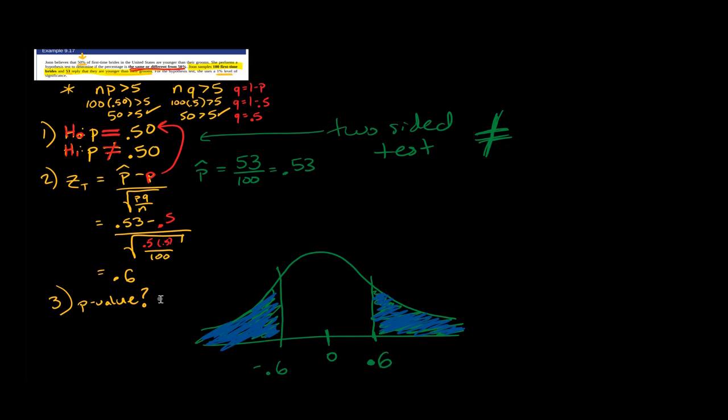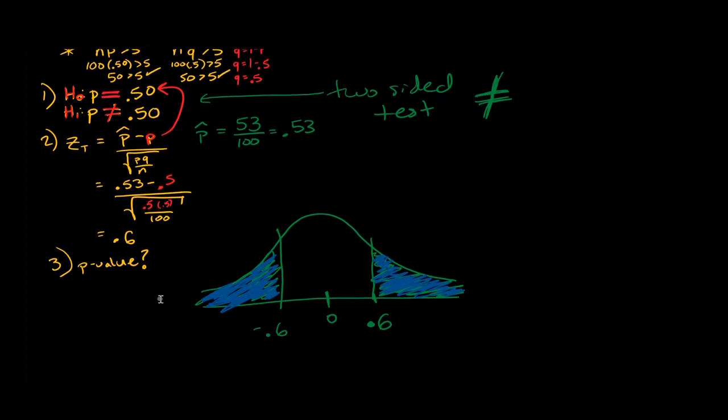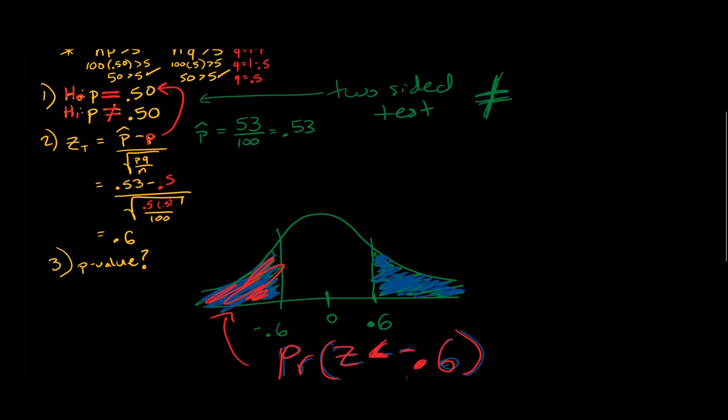So how do we find the probability that z, a standard normal, is less than negative 0.6, because that's easier? I can use Excel really quickly to figure this out. The probability that z is less than negative 0.6 will be this area here. So let's go to Excel and figure out what that is.